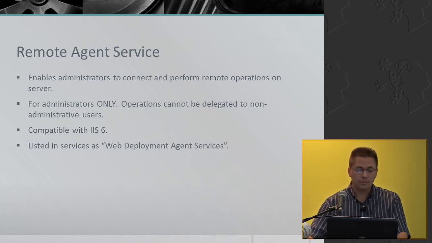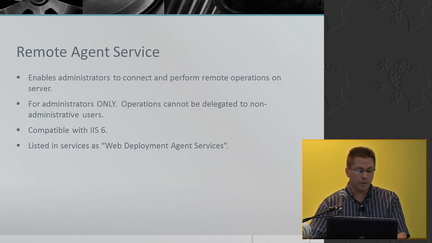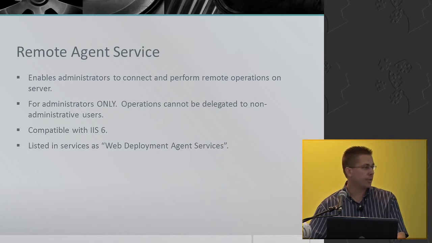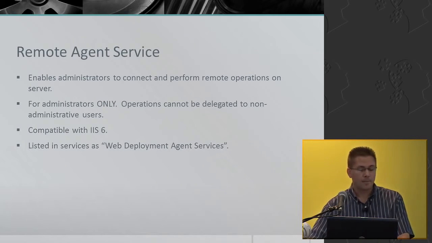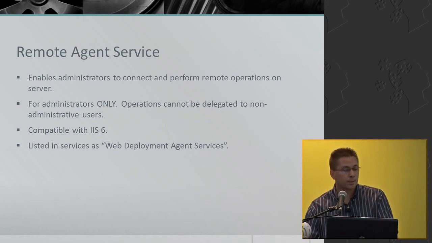Unfortunately, there are some negatives to using a remote agent. For one thing, the account that deploys to that web server has to have administrative privileges on that box. There are probably a few administrators who aren't going to be too happy about that, but it is a requirement. If you try to deploy without that privilege, it will fail miserably.